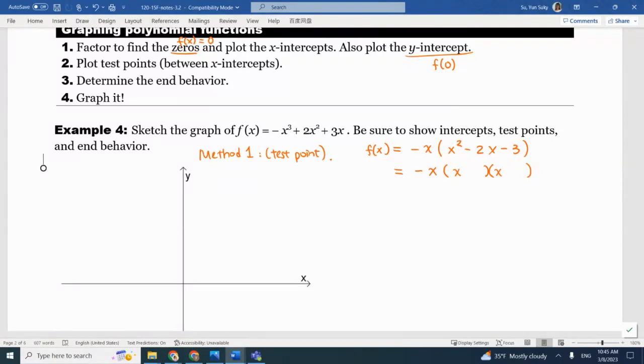But one of them is negative, right? Which one is negative so that you get minus 2? Negative 1 or negative 3? Negative 3. So we have x minus 3 and x minus 1. Right, everybody? So we factor completely.